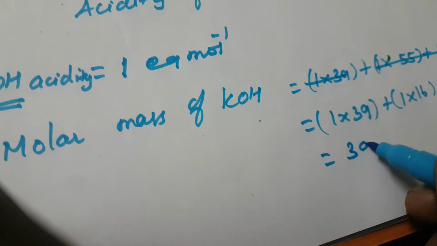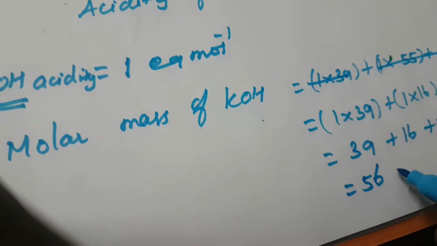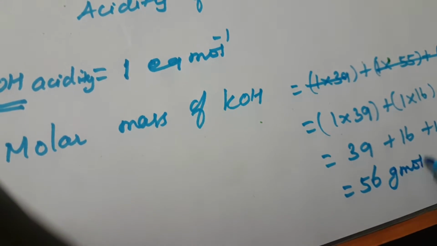So that is 39 plus 16 plus 1, equal to 56 gram mole minus 1.